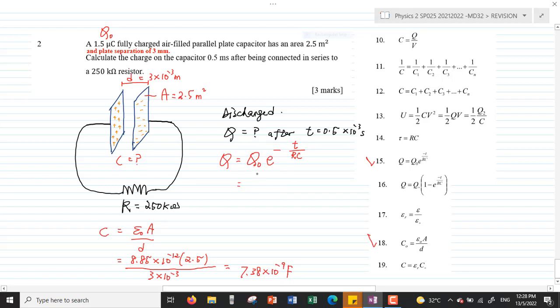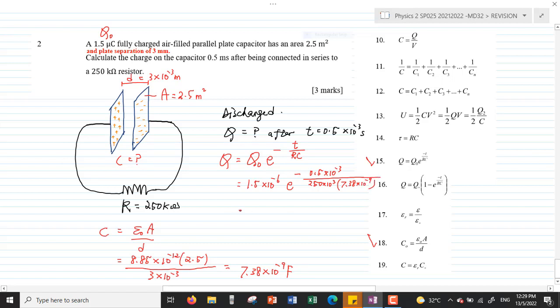So the initial charge in the capacitor is 1.5 microcoulomb, times e to the power of negative. The time that I need to determine the final charge is 0.5 millisecond, so times 10 to the negative 3, over the value of resistance, which is 250 kilo ohm times 10 to the power of 3, and then the capacitance is 7.38 times 10 to the power of negative 9.